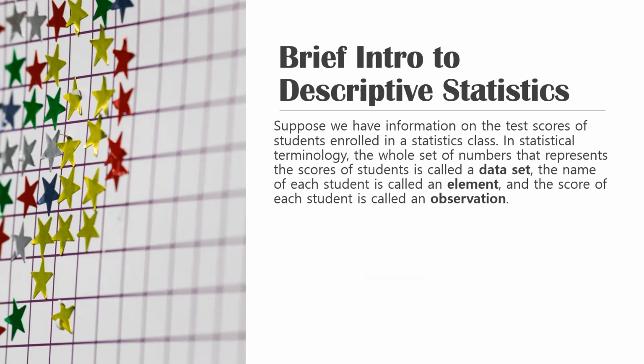And the name of each of your students is called the element, and the score of each student is called an observation. So in the first place, these are your first few terms related to descriptive statistics. Notice that with these terms, we are describing our data.